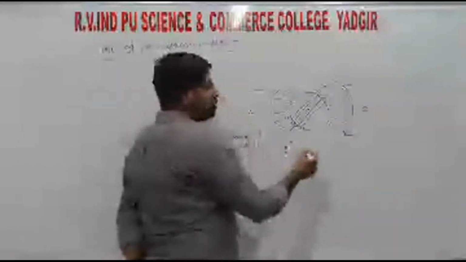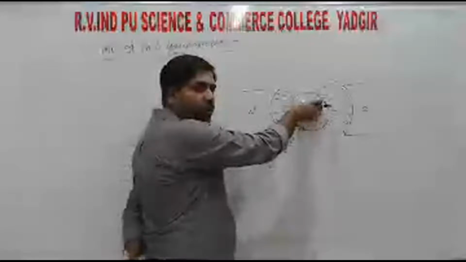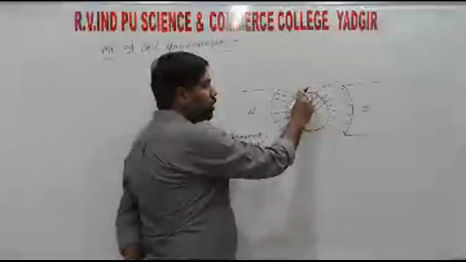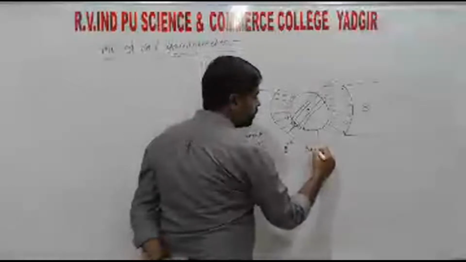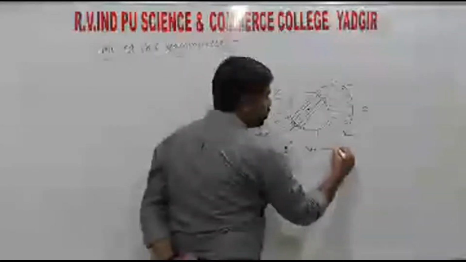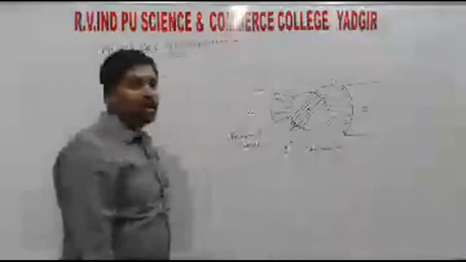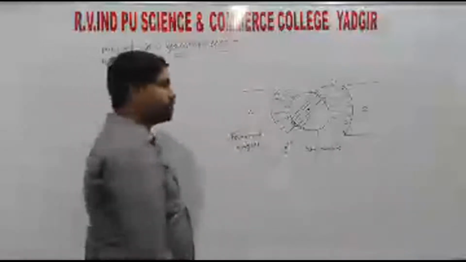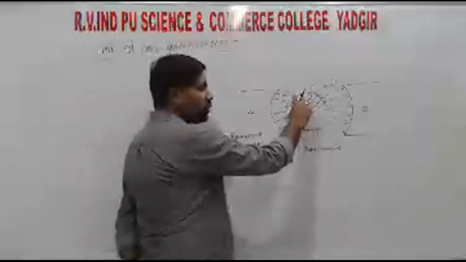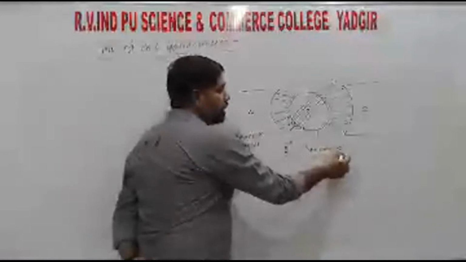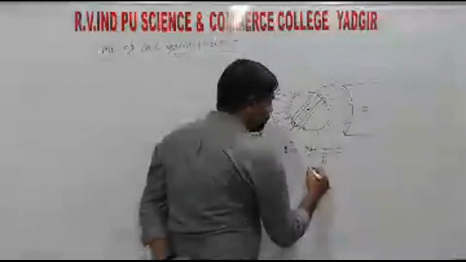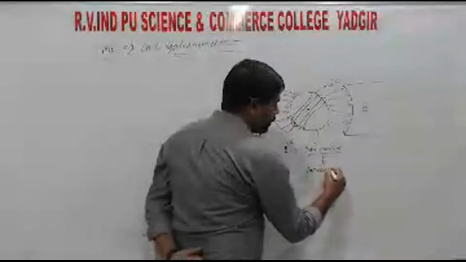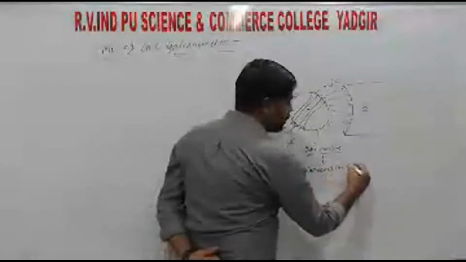Next, this coil is mounted on the cylindrical soft iron core. So this one is the soft iron core. So this is in cylindrical shape. What the soft iron core does is, it increases the strength of the magnetic field.